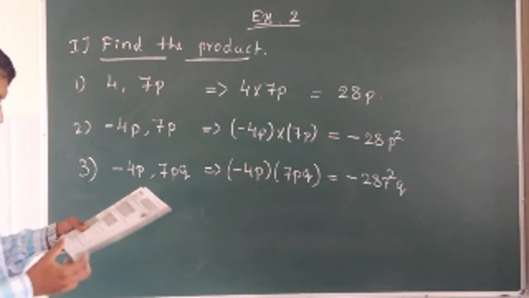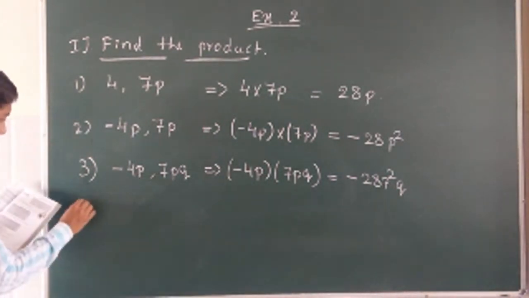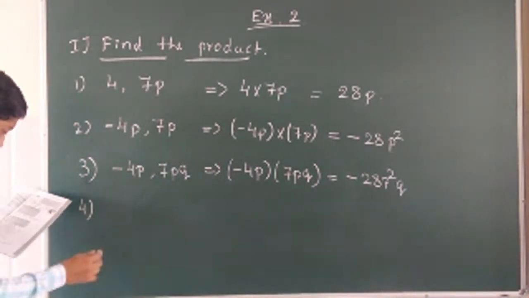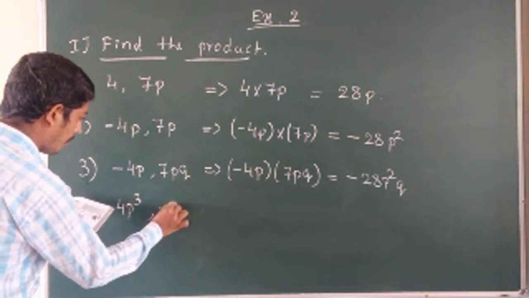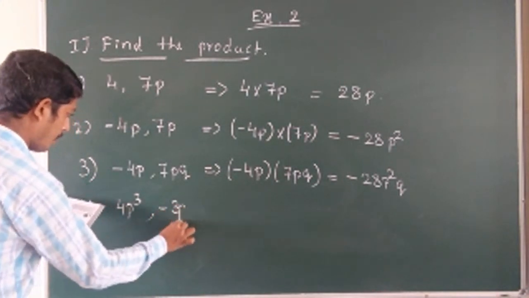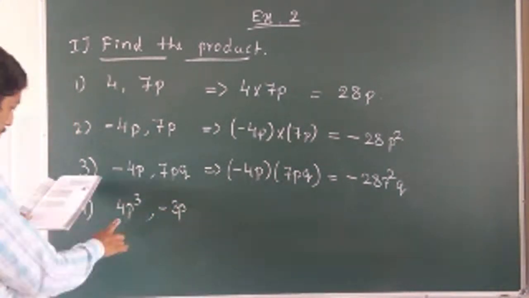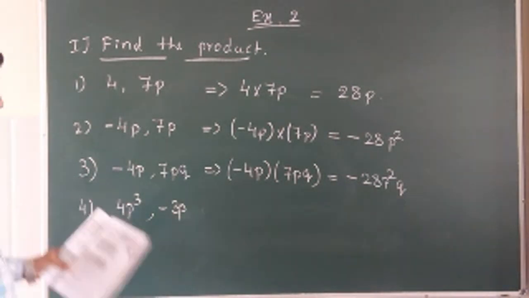So the next one, 4p cube, minus 3p. 4p cube minus 3p.